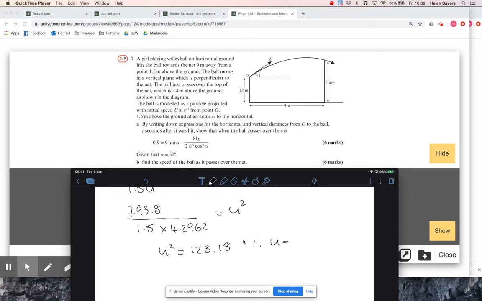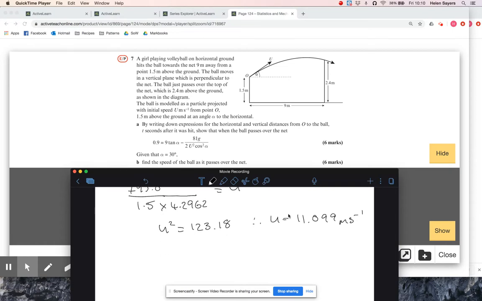So u is 11.099. If that was my final answer, it'd be 11.1, but I'm going to use that in a further calculation, so I'll leave that to a higher level of accuracy. Okay, so that's the initial speed of the ball.